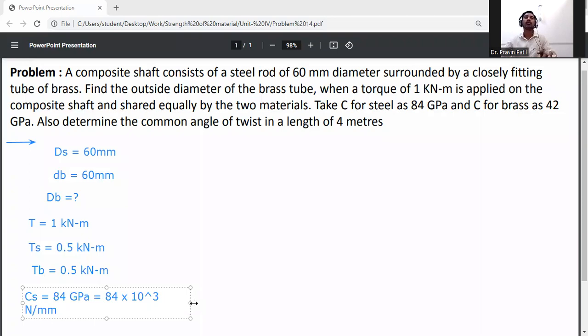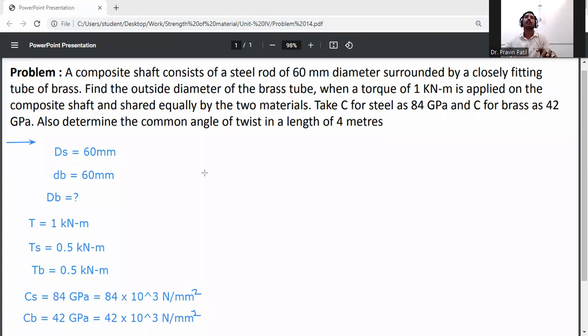Then the modulus of rigidity for brass is 42 GPa, that is 42 into 10 raised to the power 3 Newton per mm square.